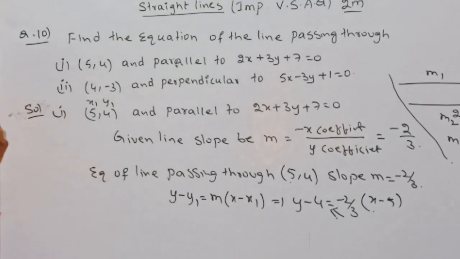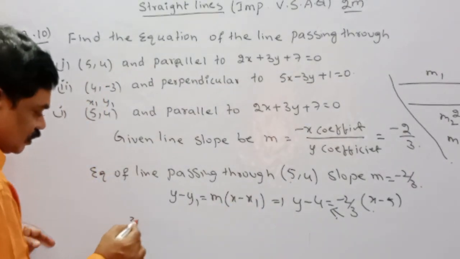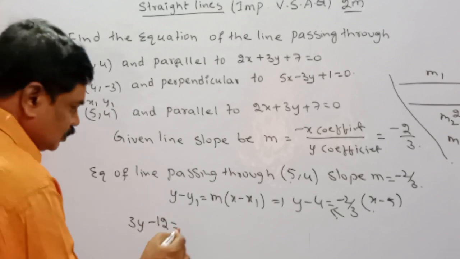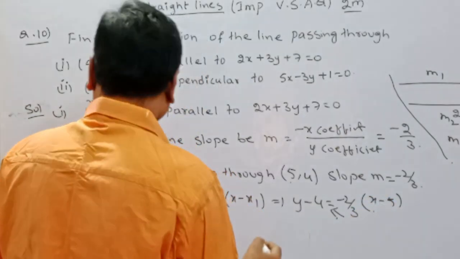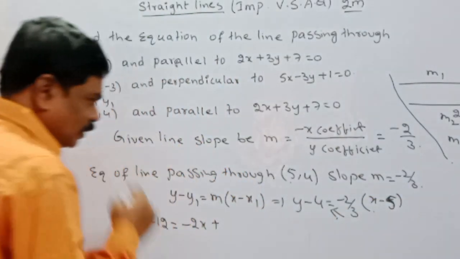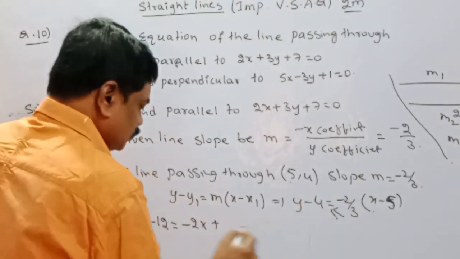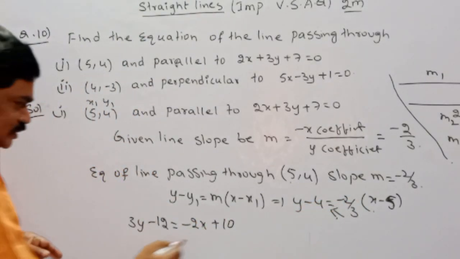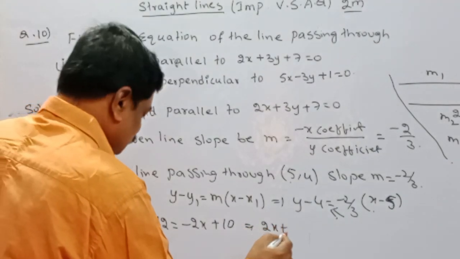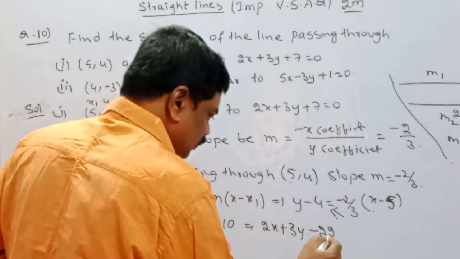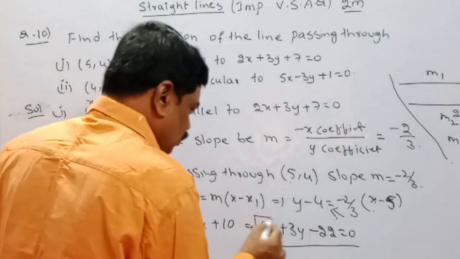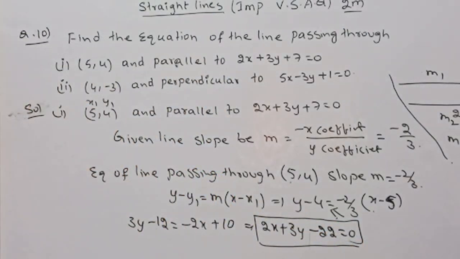By cross multiplication, 3y minus 12 equals minus 2x plus, sorry, this is 5, so minus 2x plus 10. You can take everything to this side, which implies 2x plus 3y minus 22 equals 0. This is the required line equation. Okay, all of you. That's all.